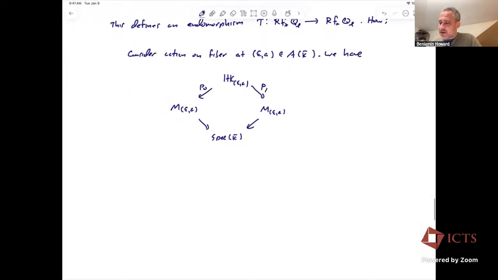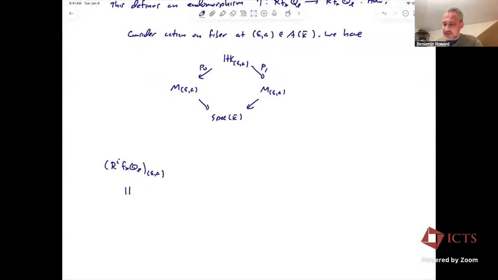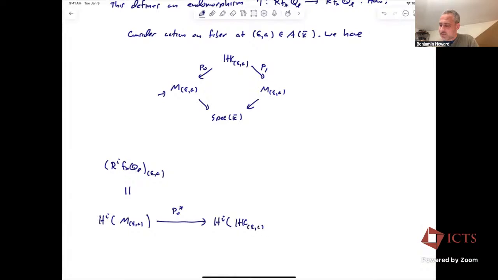Now, I'm trying to construct an endomorphism on the level of fibers. Well, the fiber of the ith higher direct image is the cohomology of the Hitchin fiber. If I have a cohomology class here, I can pull it back by the first arrow, P0, to a cohomology class on the Hecke stack, which then I can push forward by the other arrow.